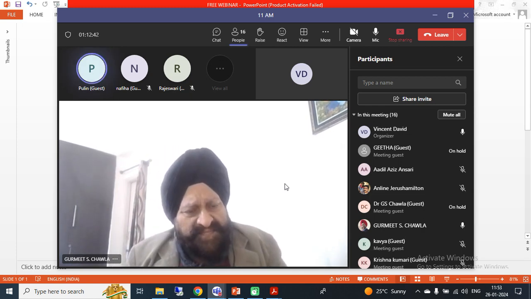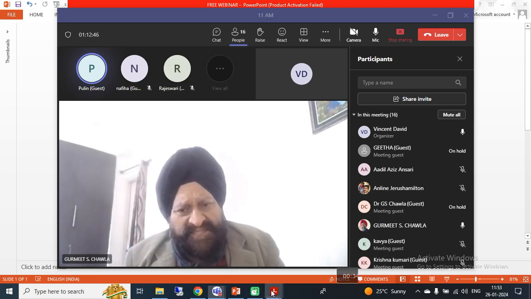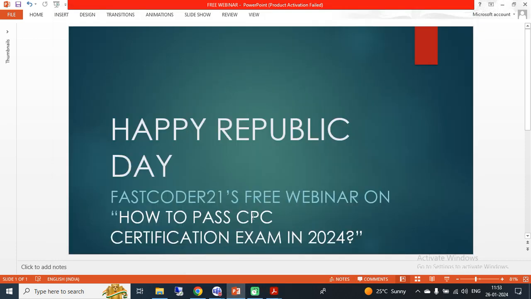Exactly. One more difference in CPC: in India, they will provide you the original books. Wherever you take the CPC examination in India, the original books will be provided at the center, and the candidate will not have to carry them. But in the CCS examination, the candidate has to carry the original books.